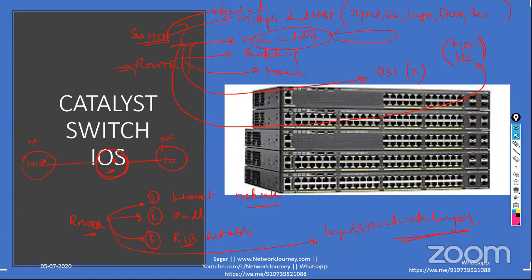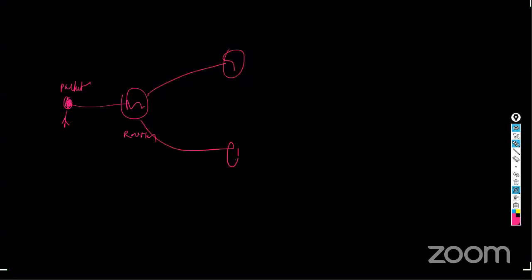So basically, what happens is, let's say this is your router, and let's say your packet is over here. This router has a couple of different routers connected.